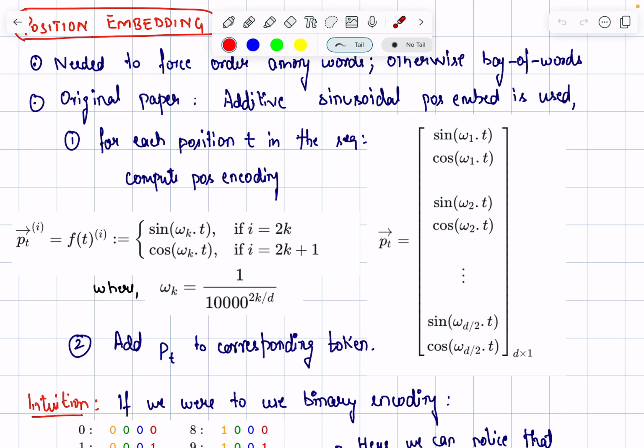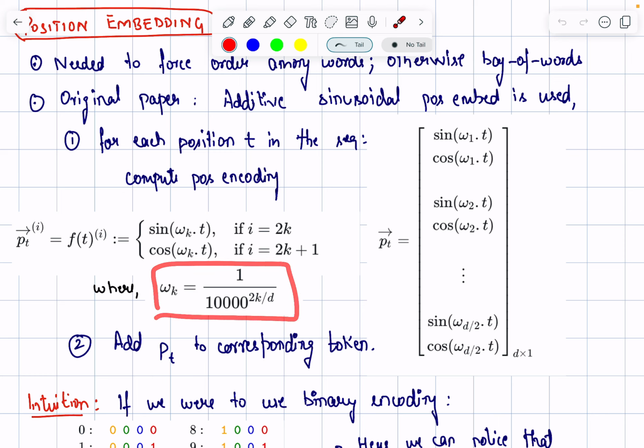So what they say is that the first dimension of this positional vector would be sin(omega 1 t), the second would be cos(omega 1 t), the third would be sin(omega 2 t), and the fourth would be cos(omega 2 t), right? Okay, so what is omega k?